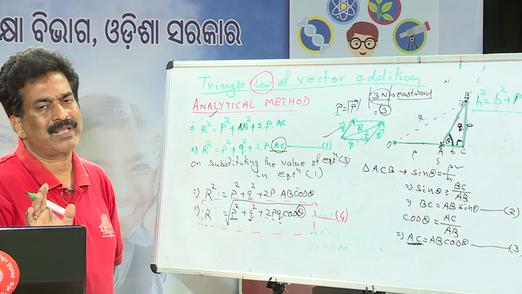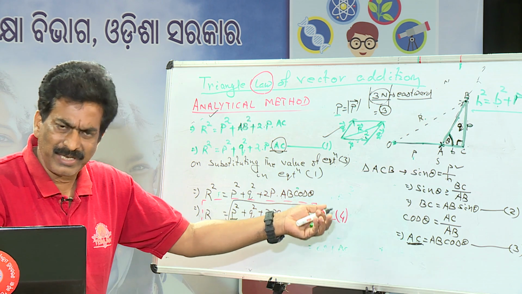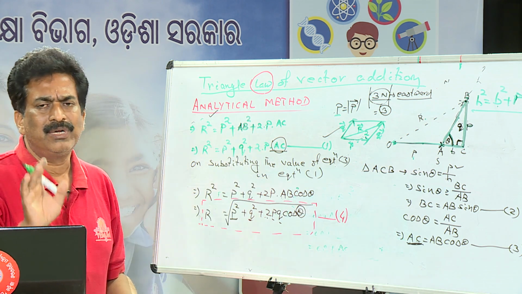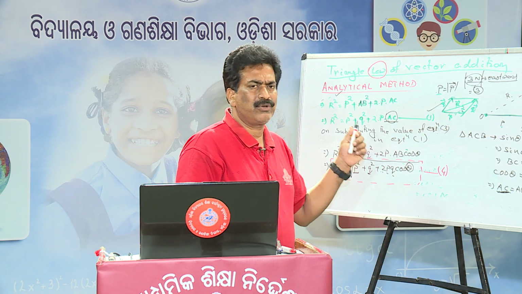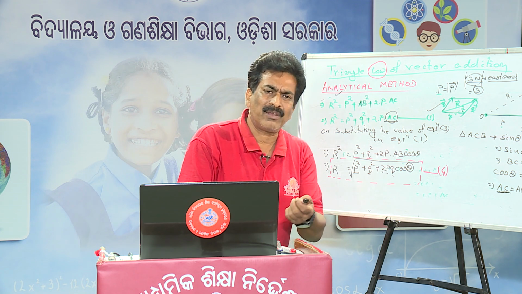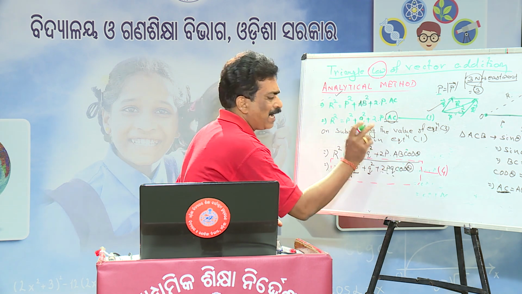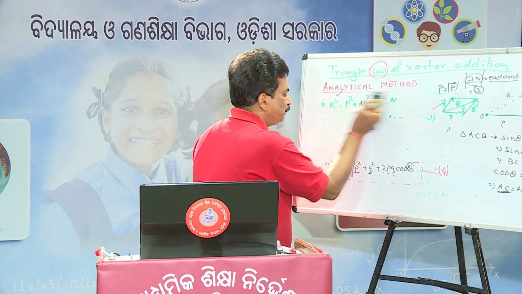So in the parallelogram law of vector addition, it is not required to go into the detail, but for the triangle law of vector addition, if you know the value of the resultant and how you have to determine it, then you can go easily to the parallelogram law of vector addition also. So this is the R, which is the required formula for the resultant.